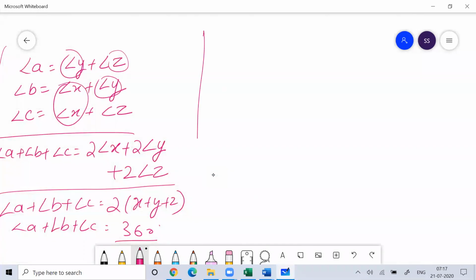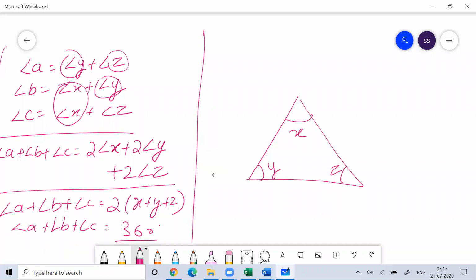So you can keep this in your mind. Now, if this is angle X, this is angle Y, this is angle Z, and I draw a straight line here, imagine this is AB, and suppose this is CD.